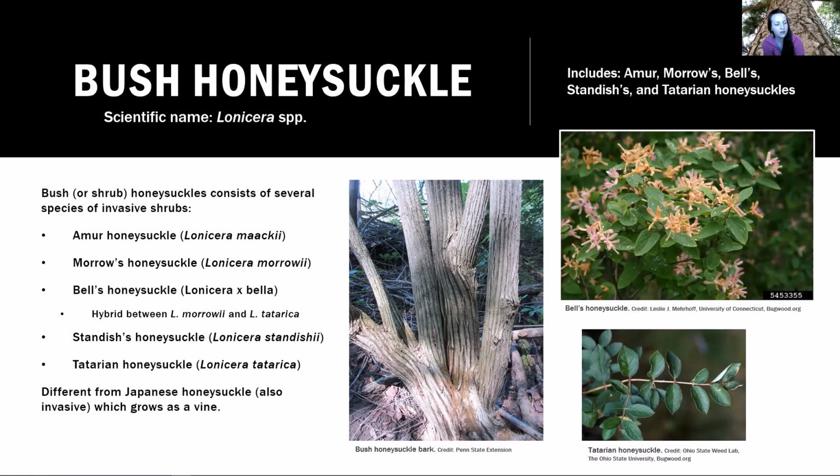Bell's honeysuckle, just to point that out, is actually a hybrid between the Morrow's honeysuckle and the Tatarian honeysuckle. Another honeysuckle that a lot of us may also be familiar with is Japanese honeysuckle, but that is not part of the bush honeysuckle complex, because Japanese honeysuckle grows as a vine. It is not a shrub.